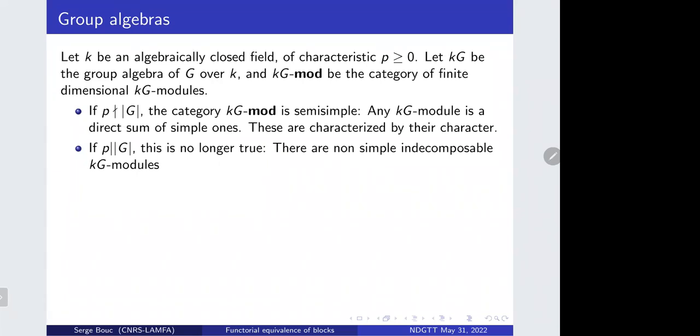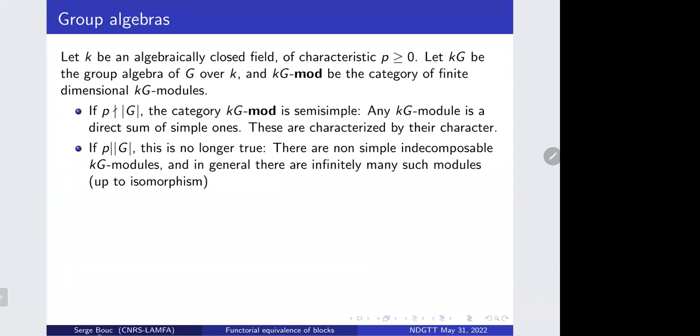Maybe what is less well known is that in general there are infinitely many such indecomposable modules up to isomorphism. And more than this, this infinity is very infinite. That is, the problem of classifying all the indecomposable KG modules for an arbitrary finite group G is a wild problem, meaning that there is essentially no hope to come to a classification of these modules.